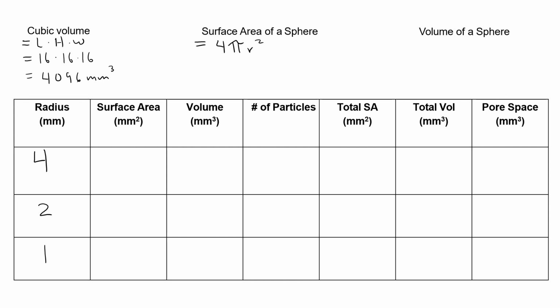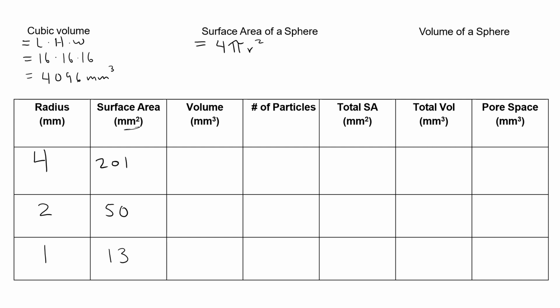And so if we calculate the surface area of these 3 different size particles, we get 201, 50, and roughly 13 for each of these. Okay, so we got 201 millimeters squared of surface area for each individual particle.